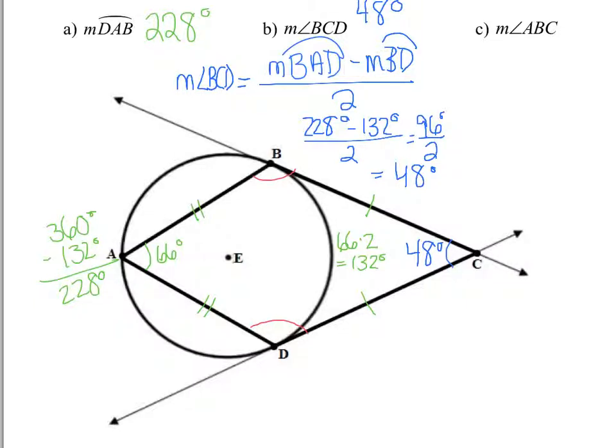Finally, we need to find the measure of angle ABC. So this angle right here. Well, what I know, as I said before, is that this angle is congruent to this angle. So the measure of angle ABC is going to equal the measure of angle ADC.